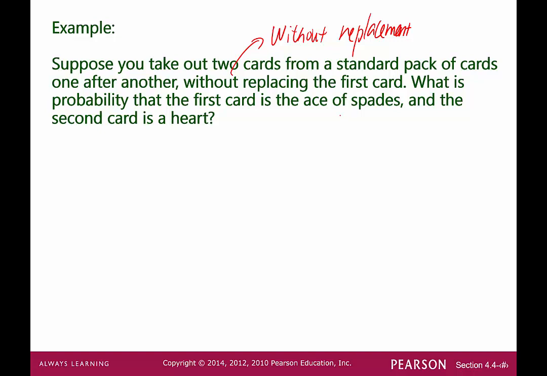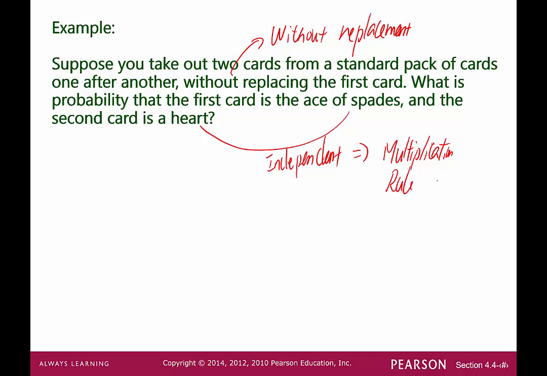First of all, these 2 events are not the same kind of event, because the ace of spades has no common intersect with the hearts. So we're applying the multiplication rule.